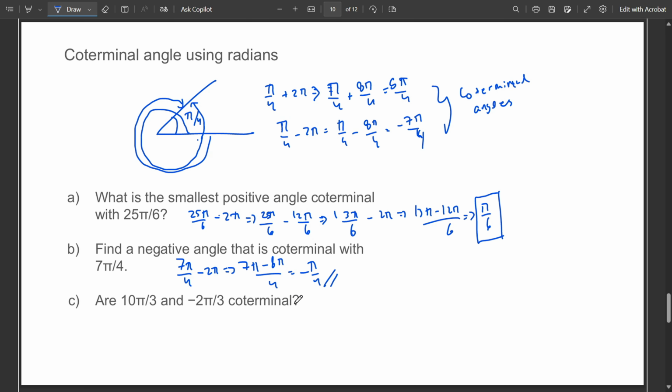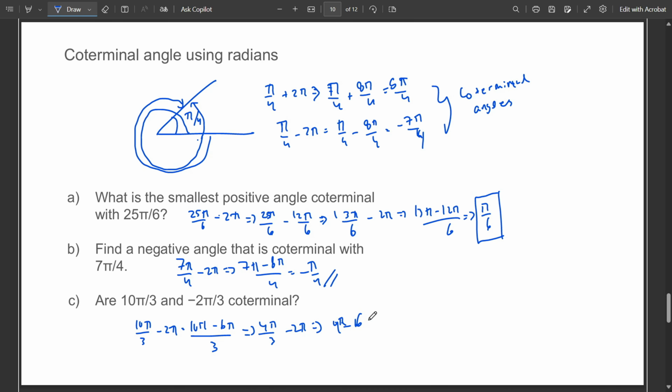Are 10 pi over 3 and negative 2 pi over 3 coterminal? We just have to check one of them when we add or subtract 2 pi. Does it equal the same thing? So let us try 10 pi over 3 minus 2 pi. We have 10 pi minus 6 pi over 3, which is 4 pi over 3. And then we have to minus 2 pi again. We have 4 pi minus 6 pi over 3.